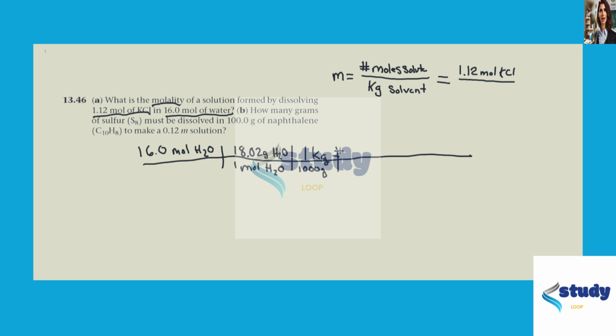So let's put this in the calculator. We're going to have 16 times 18.02, and we're going to cross out our moles because they cancel out, and then we're going to divide by 1,000.